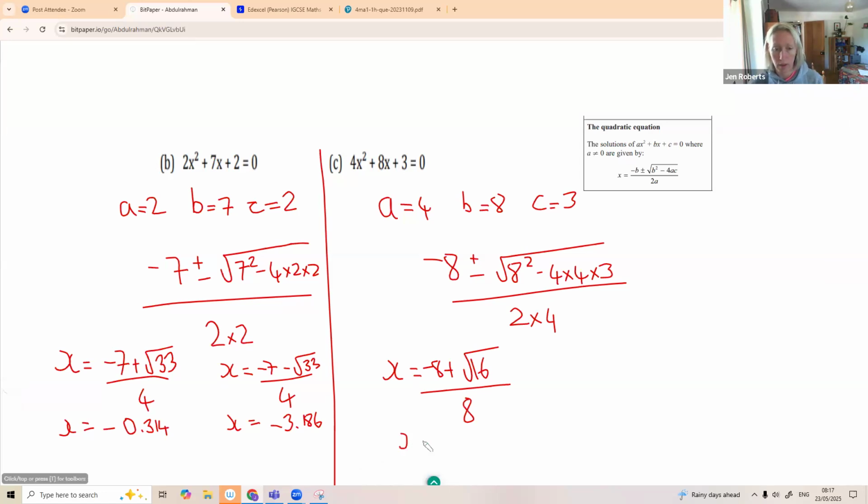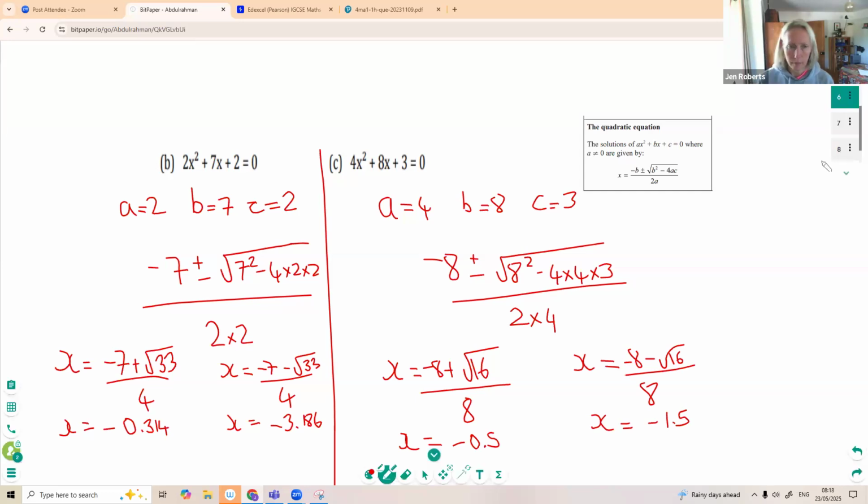Well, I know root 16 is 4, so it's just minus 8 plus 4 all over 8, which is minus 0.5. The other solution, minus 8 minus root 16 all over 8. Type that in your calculator and you get minus 1.5.